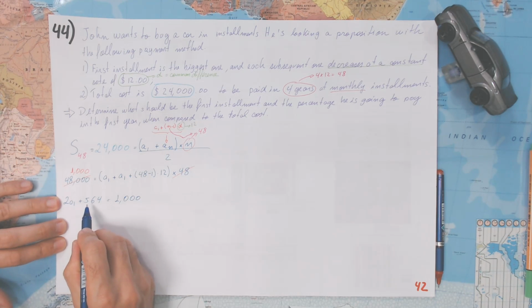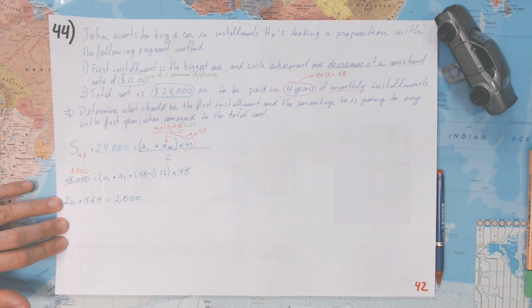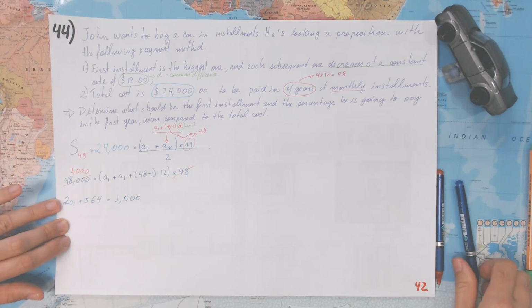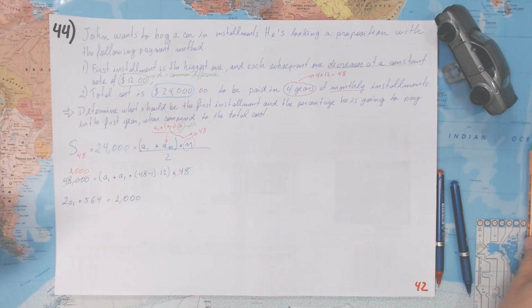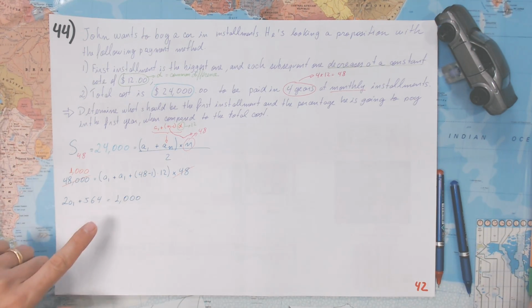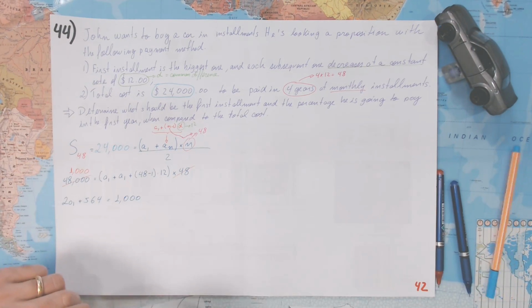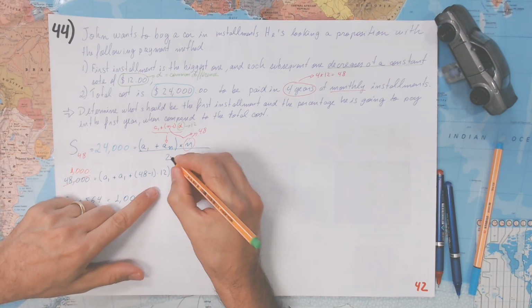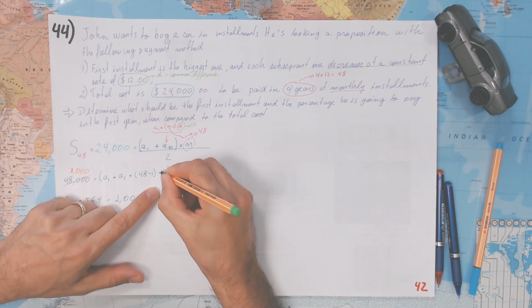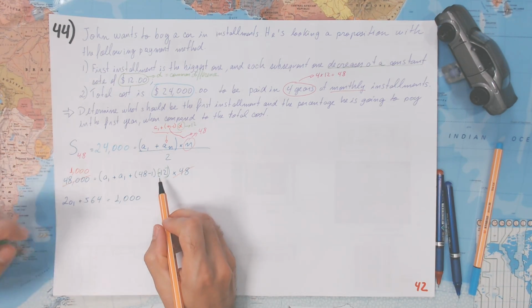If I just put that to the other side, yes, there is something here that I just missed. It's very important, okay, in here. It's negative 12, okay? I just forgot this. This is negative 12. It's very important, okay?